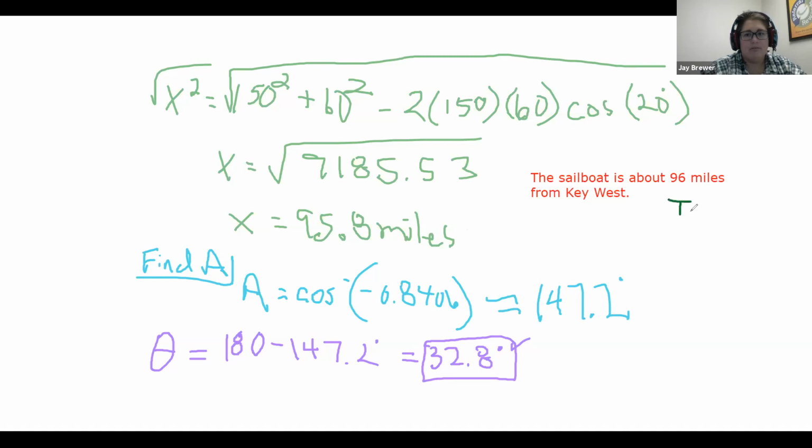So our total miles is going to be 60 plus, the publishers use 95, so we'll just use 95. It's fine. So we'll end up with 156 miles.